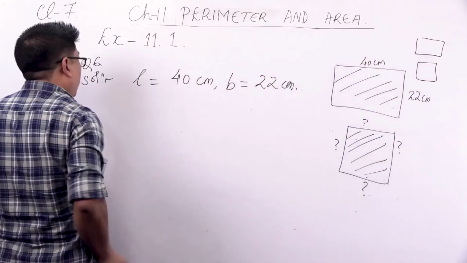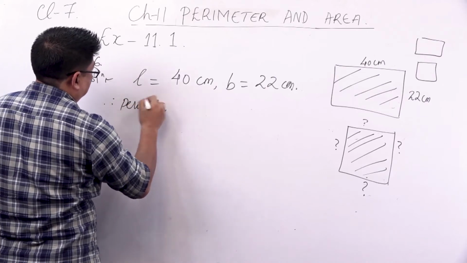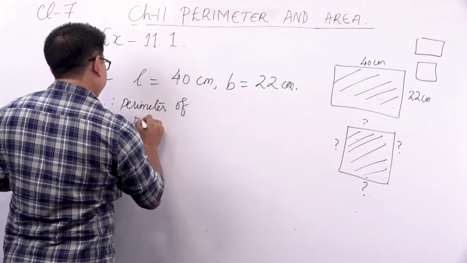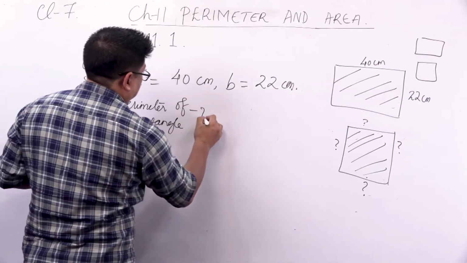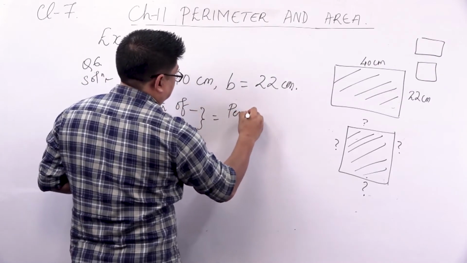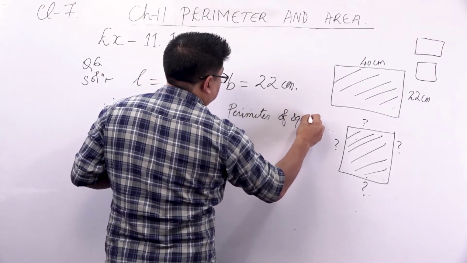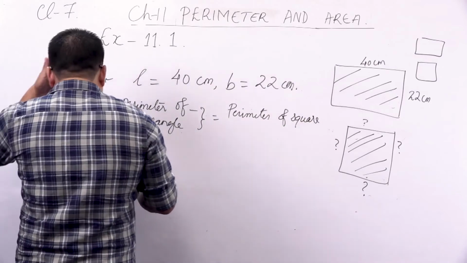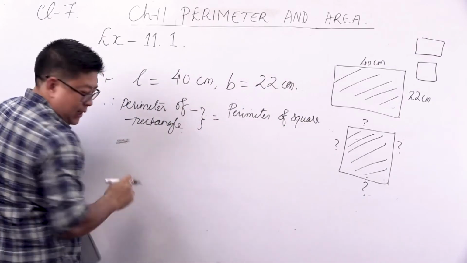So we can say that the perimeter of the rectangle is equal to the perimeter of the square. For the perimeter of a rectangle, we know the formula.